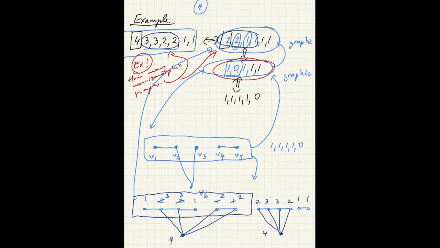All right. Now, let's move on to something related to the first problem, the Euler's Königsberg bridges.